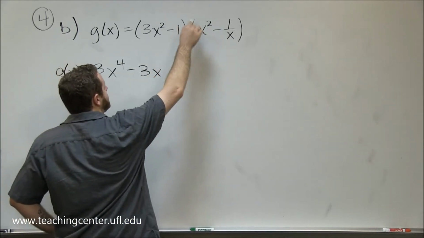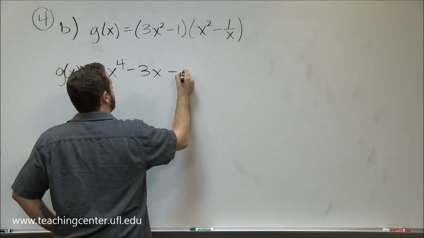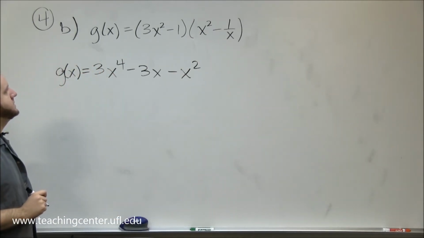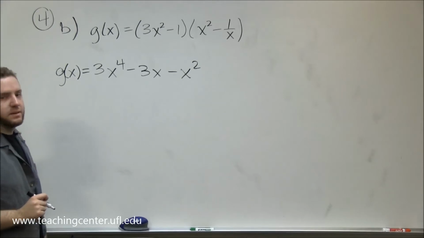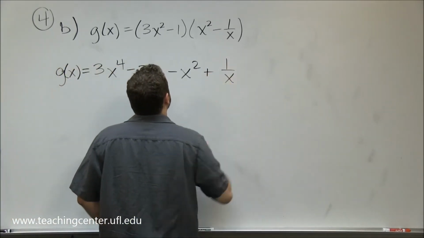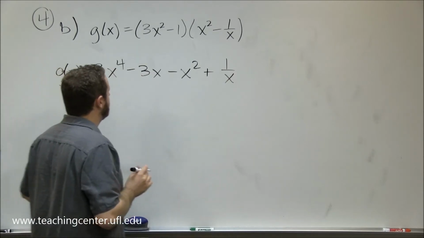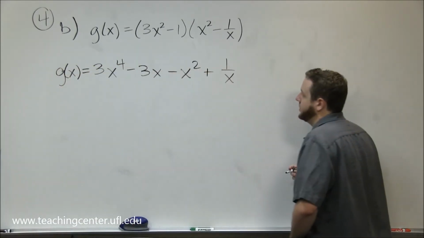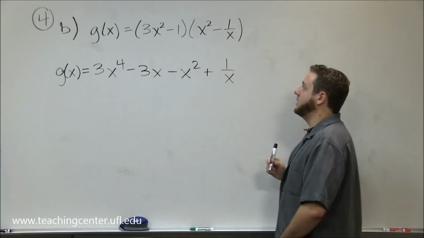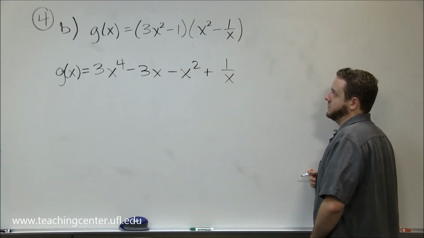Our inside terms, we get negative 1 times x squared, so we get minus x squared. And then our last terms, we get negative 1 times negative 1 over x, which would be plus 1 over x. So this is our FOILed version of what we have above.